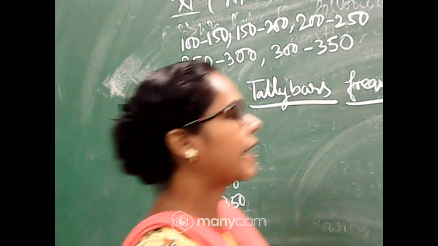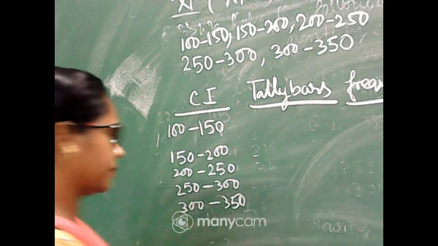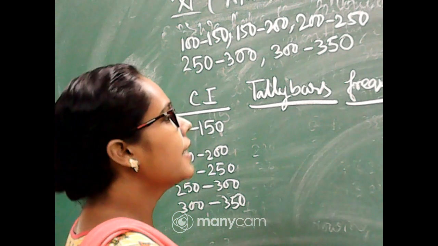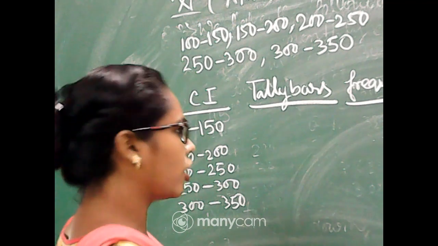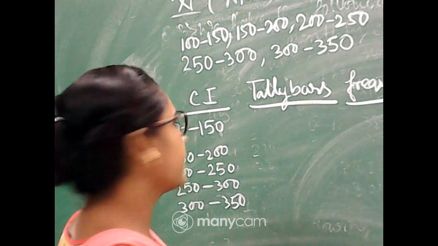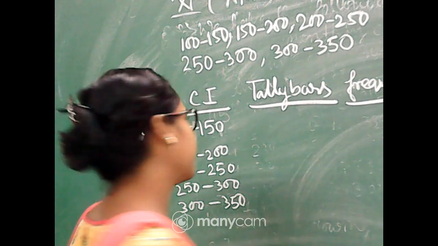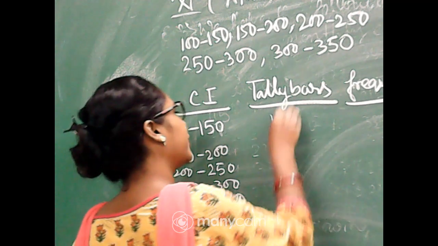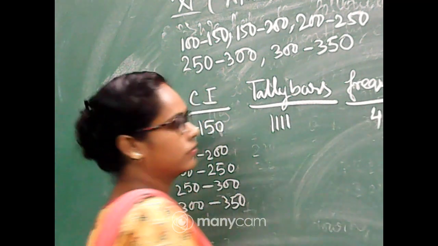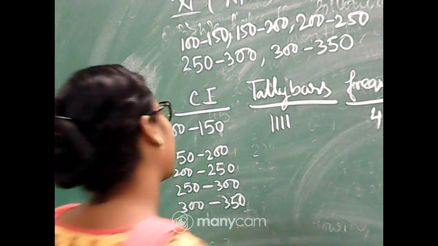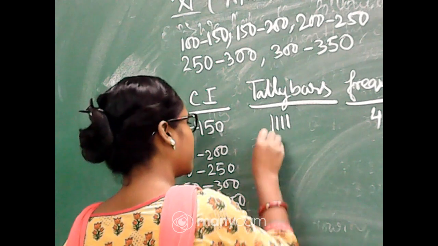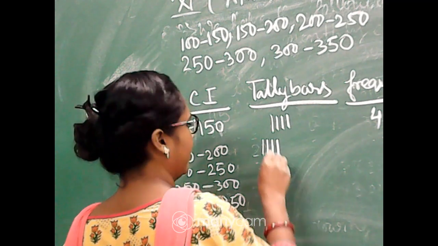So the tally bar for the first one, see in the first column which data are given. Yes, Sanjivani, very good. 4. 1, 2, 3, 4. Next one count, it will be 6.